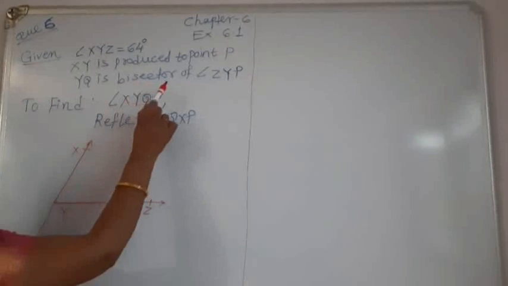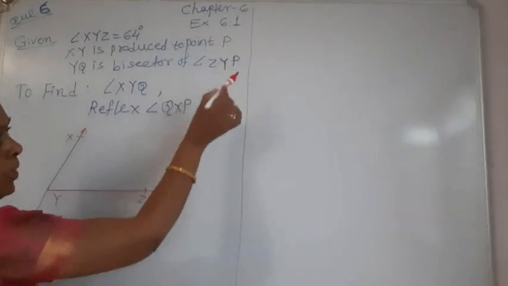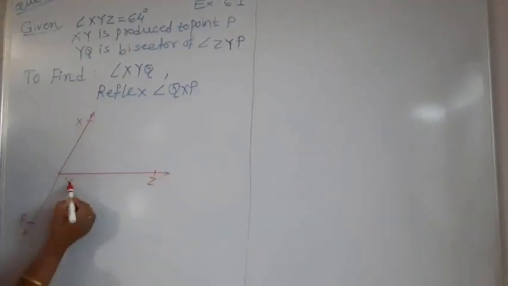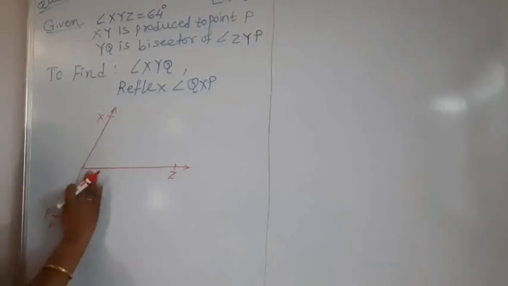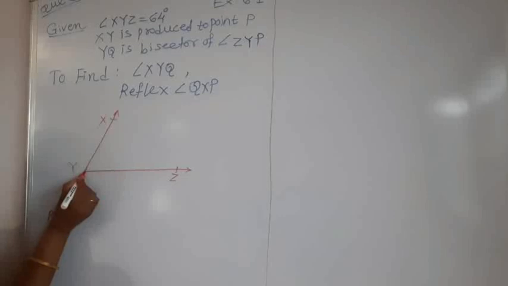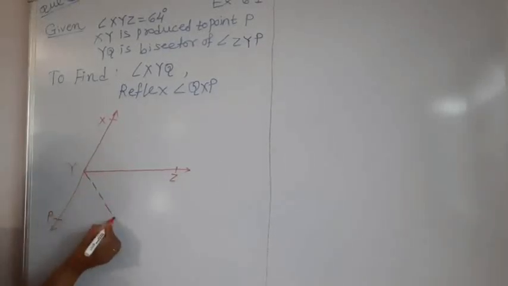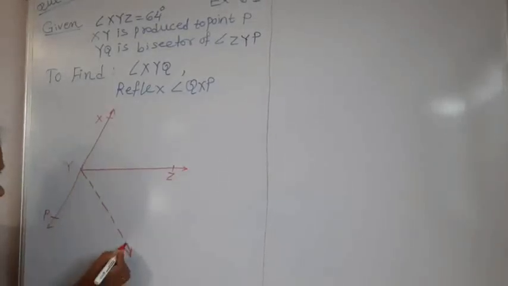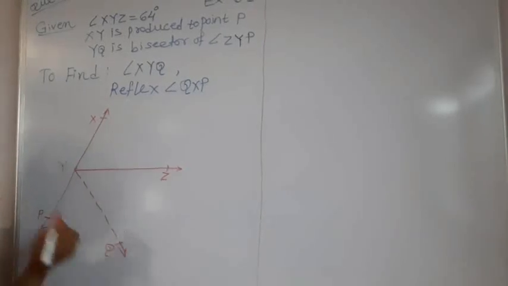Now YQ is the bisector of angle ZYP. Means here angle ZYP is formed, and for this angle the bisector is given, YQ.